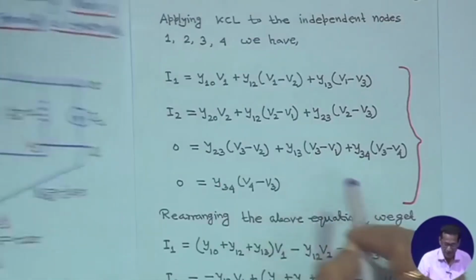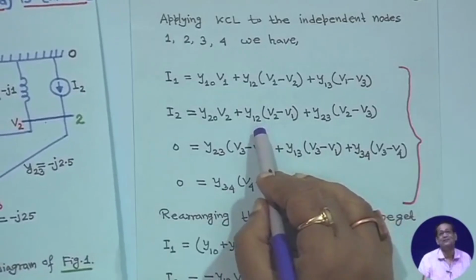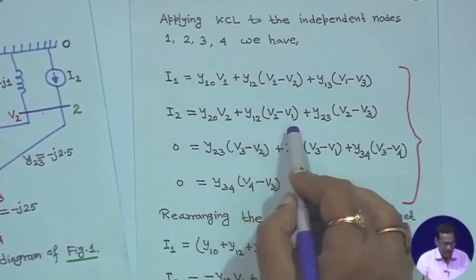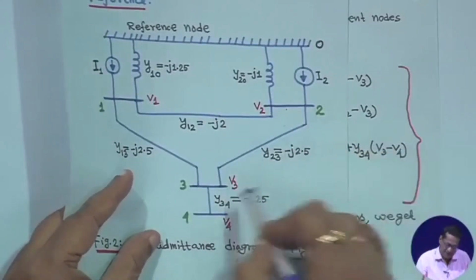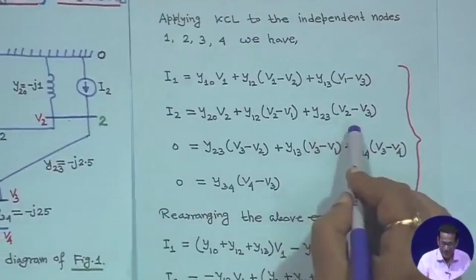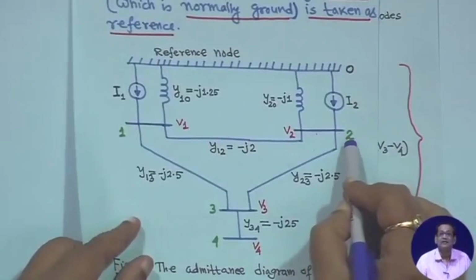Y12 and Y21 are the same, so I write Y12 only. Plus the 2 to 3 term, Y23 (V2 minus V3). This is the second equation for the second bus.